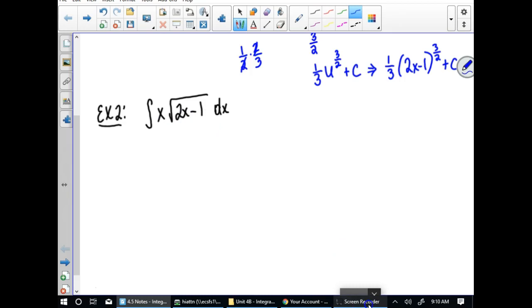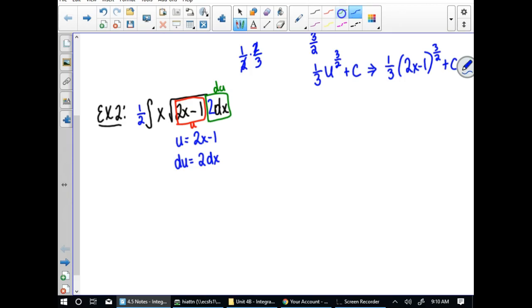So if you tried to solve this like the last problem, you'd have u equals 2x minus 1, du would be 2 dx. You could put the 2 here, you could put the 1/2 out here just like we did before, but when you go to replace, you've got the u here, you've got the du, but you've still got the x on the outside.